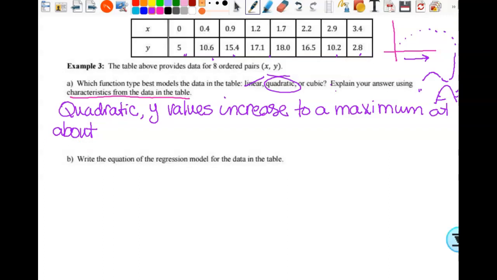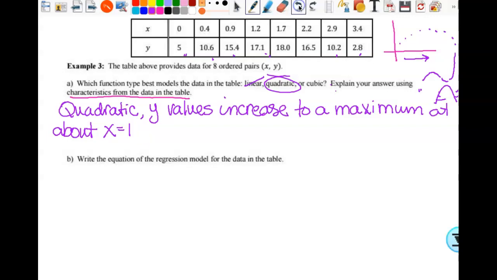Could 18 be the maximum? Absolutely. Could the maximum be between these two or between these two? It's possible. We have no idea. But at around about 1.7, would you say? Or you could say between 1.2 and 2.2, something like that. At about X equals 1.7.